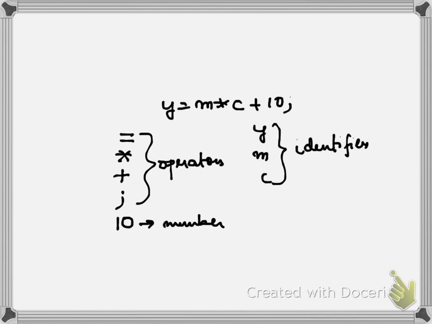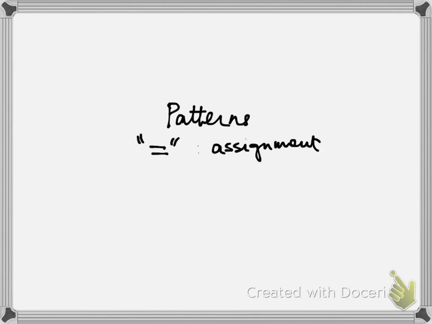And how does it do so? It does this by defining certain patterns. So it may say that this is the pattern for assignment, or this is the pattern for the plus operator.